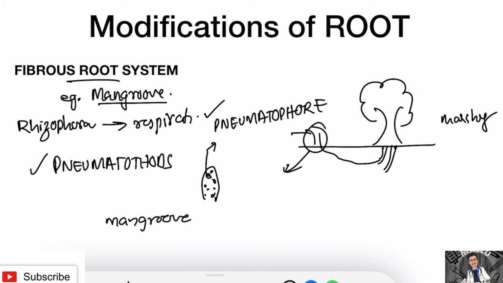Mangroves are viviparous plants. Usually the seed germinates in the soil, but in the case of mangrove plants, the seeds actually germinate within the parent plant. That's the reason why we call them viviparous plants. You need not think more about that.